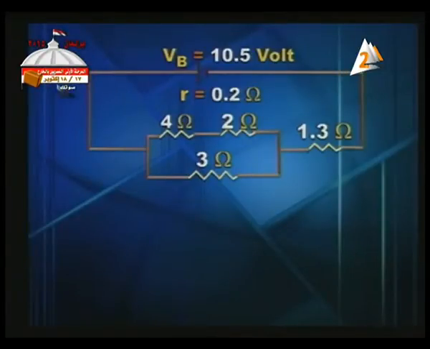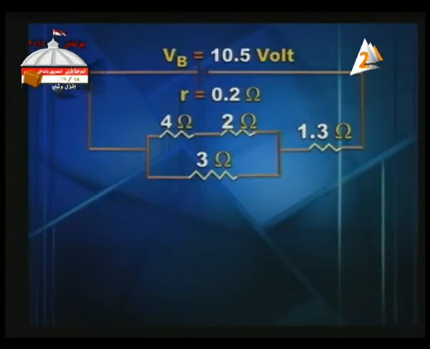Another circuit. Here we've got V battery, a 10.5 volt battery of internal resistance 0.2, and we've got a parallel group.